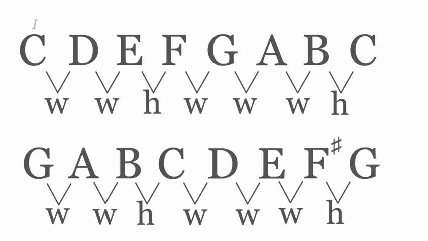And then when we add in chord qualities, the first degree, C, is major, the second degree, D, is minor, the third degree is minor, the fourth degree is major, the fifth degree is major, and so on. Now, we'll notice that the seventh is diminished. We've seen that before.